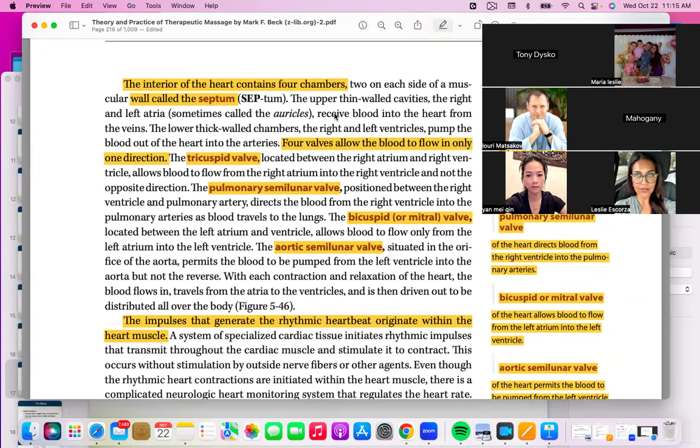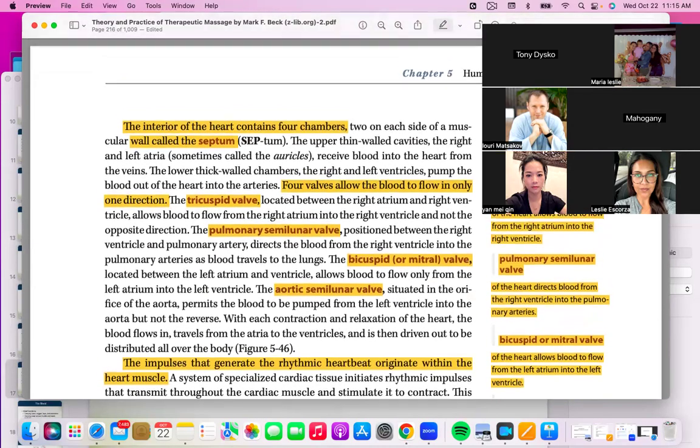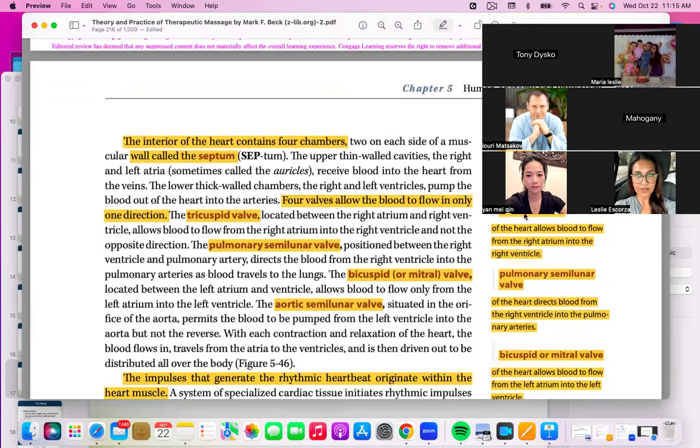Now the 4 valves in the heart that allow blood to flow in one direction are 1. These I would highlight right away. The tricuspid valve of the heart allows blood to flow from the right atrium into the right ventricle, that means from the top to the bottom, and it's on the right side.